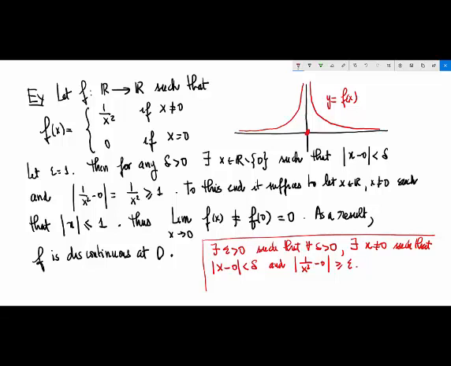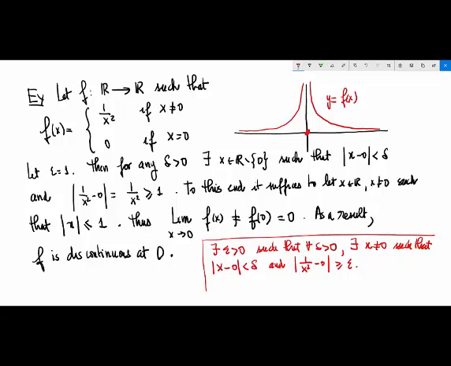Okay, so I will let epsilon be equal to 1 to make this happen, and I'll pick any delta which is positive. I'll claim that there exists x which is non-zero, such that the distance between x and 0 is less than delta, and the distance between 1 over x squared and 0, which is 1 over x squared, will be greater than 1.